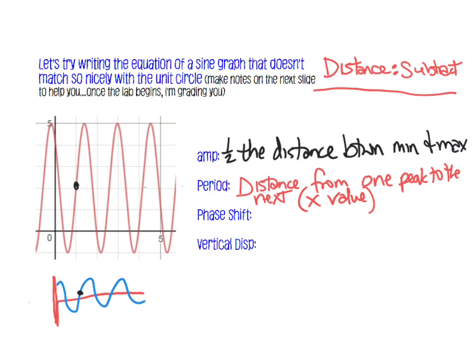So think about this for a minute. If I knew this ordered pair right here, and I knew this ordered pair right here, how am I going to get to this point right here? Now, we've already discussed, I really only care about the x's right now. I don't care about the y's. How could I find this x value?